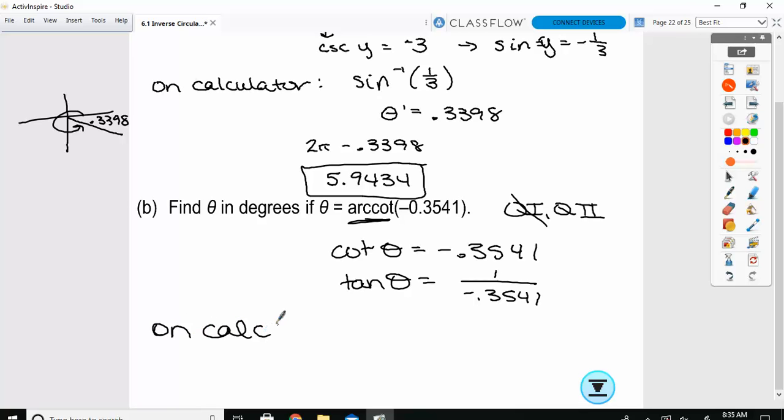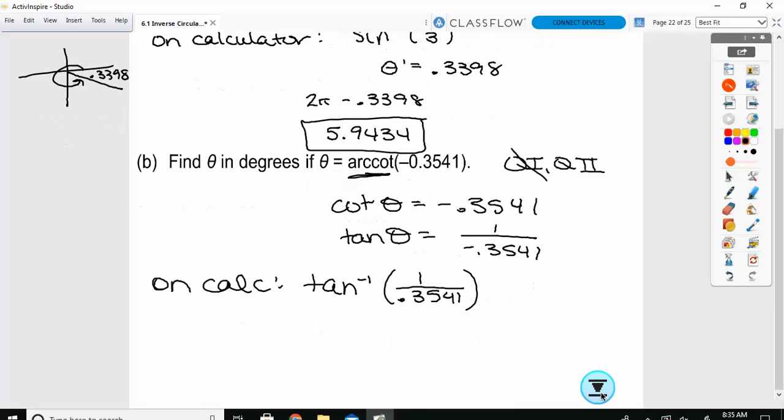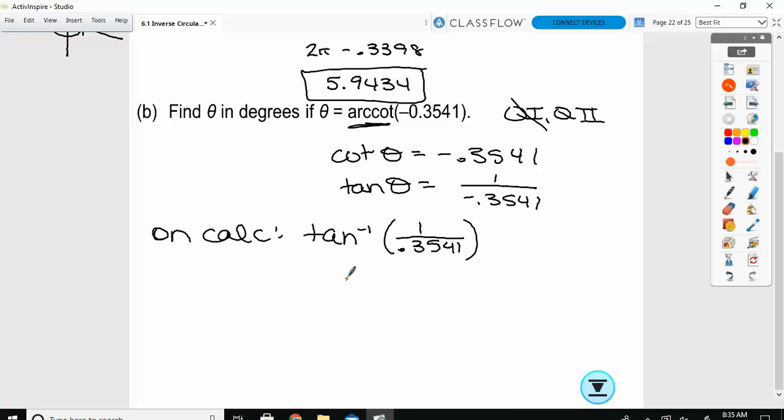Tangent is the reciprocal. So what we're going to do on our calculator is tangent inverse of 1/, but do the positive. This is the problem where if you put in a negative, you will get the wrong answer because tangent inverse is different quadrants than cotangent inverse. So we hit second tangent 1/0.3541. Okay, that gives me my reference angle.